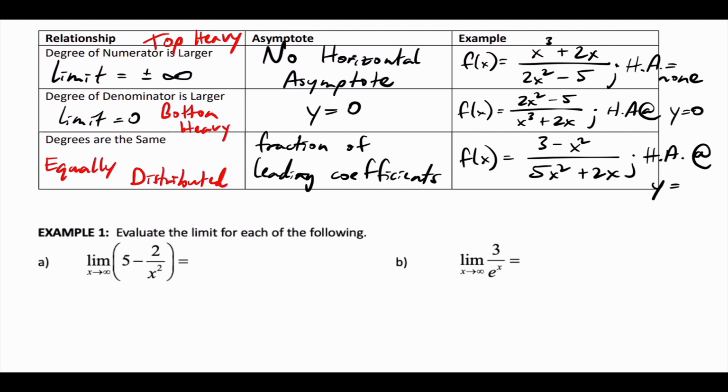What's the degree on top? 2, right? It's 2. Degree on bottom, 2. Equally distributed, so we're going to use this one.